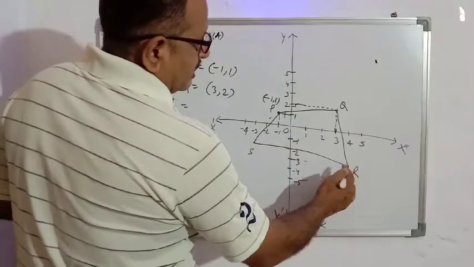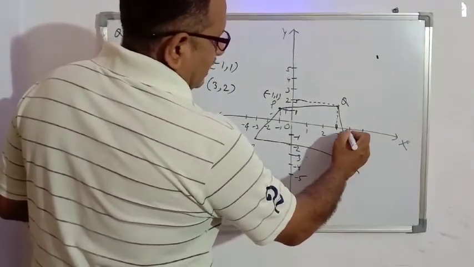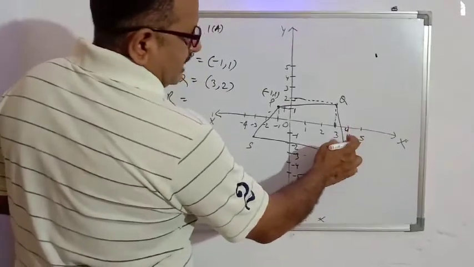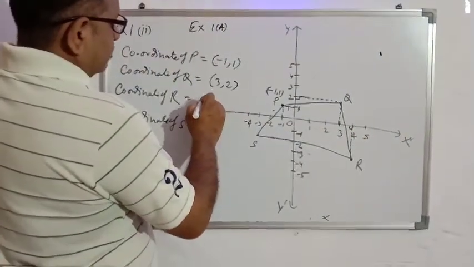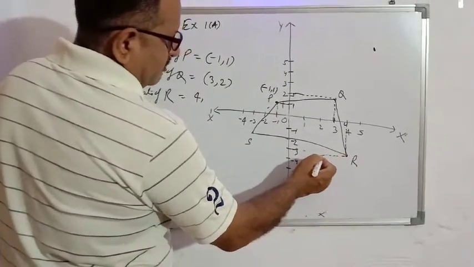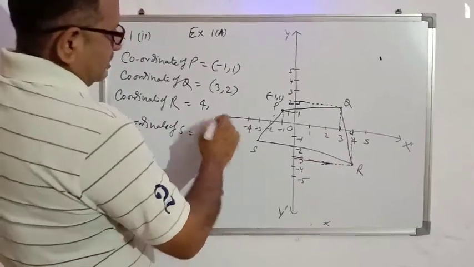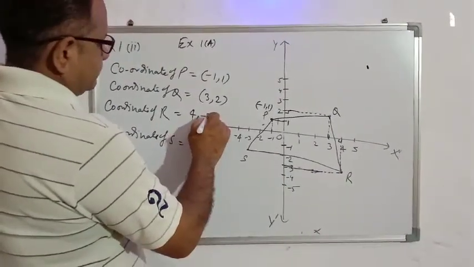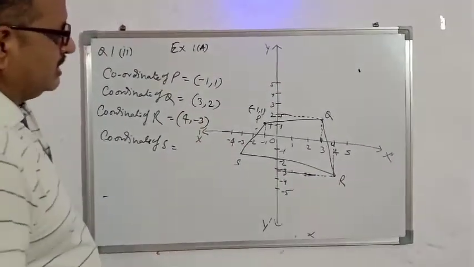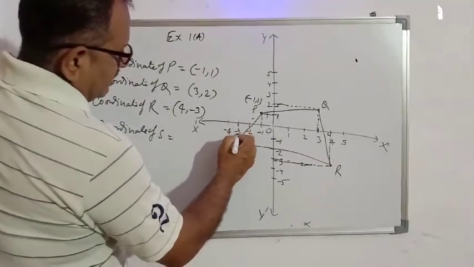R. From R, we will draw the perpendicular on the x axis. It meets at 4. So the first component is 4. From R, we will draw the perpendicular on the y axis. It meets at -3. So (4, -3).